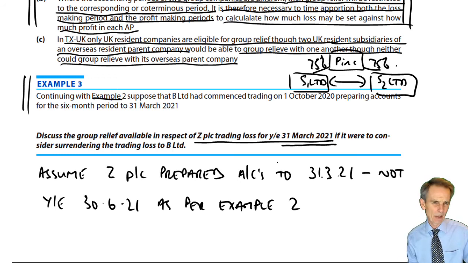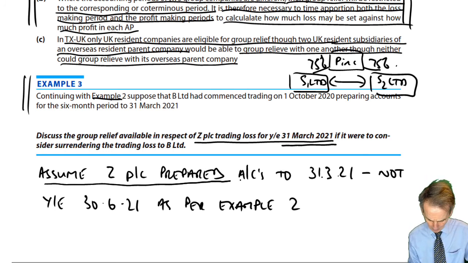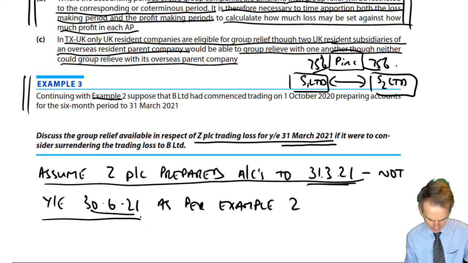And we worked out who could group relieve with whom. In that example 2, for some reason, the accounting year-end date was the 30th of June 2021. I want you here to assume Z plc prepared accounts to 31st of March 21, not the year ended June 21 as shown in example 2.